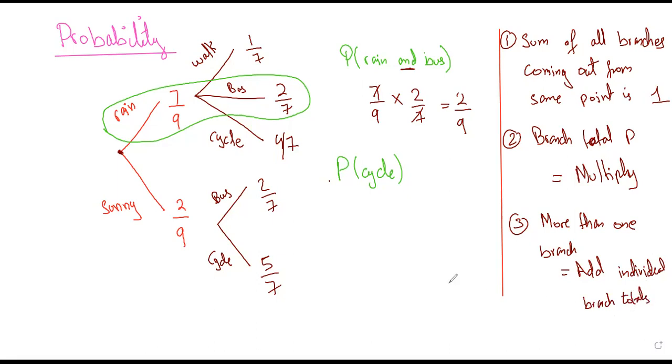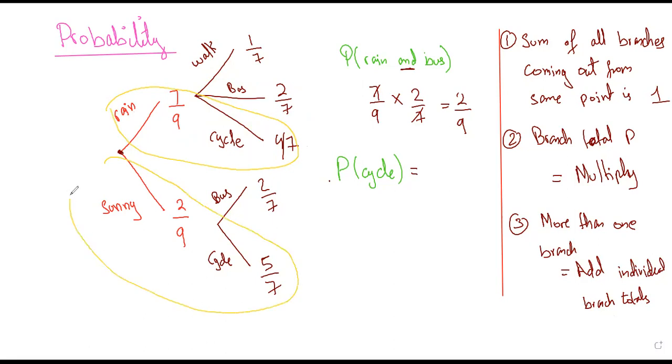It says, what is the probability that he's going by cycle? Now it could be it is a rainy day and he's going by cycle, and it could be it is a sunny day and he's going by cycle. So please be careful about including the previous part as well. A rainy day and cycle and a sunny day and cycle. So if we have two different branches, we are going to add them. More than one branch, so we add it up.